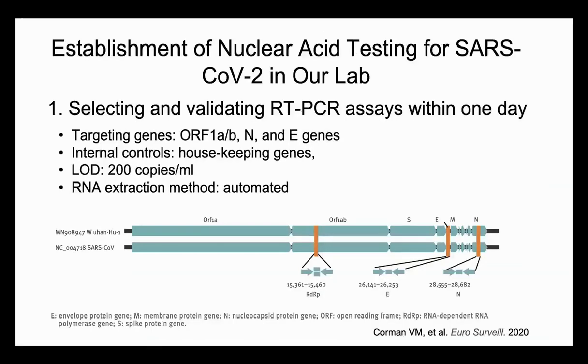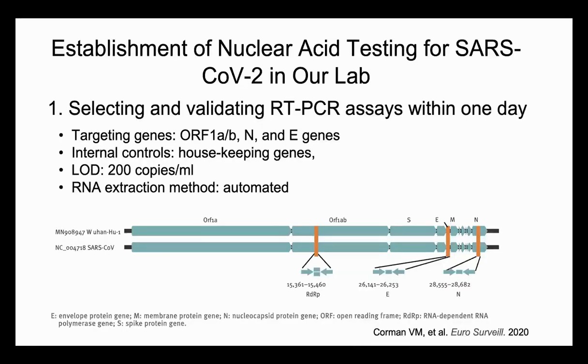So our lab established this assay in 3 steps. Fortunately, when we decided to run nucleic acid tests for the virus, there were a few commercial RT-PCR test kits available. Thus, we selected 2 kits based on targeting genes, internal controls, limit of detection levels, and RNA extraction methods.